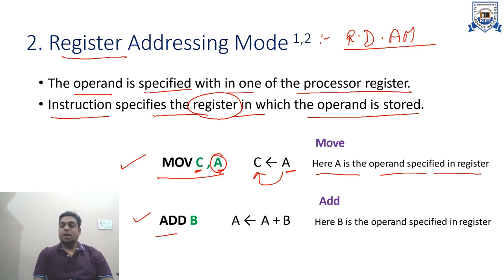Another example is ADD B. Here we have only one operand, so the other operand is by default taken as the accumulator, which is a default register. So the content of B will be added with A and the result will again be stored in the accumulator register itself.